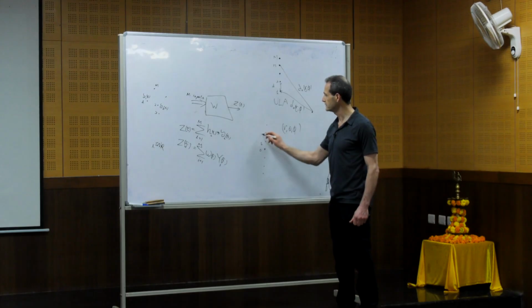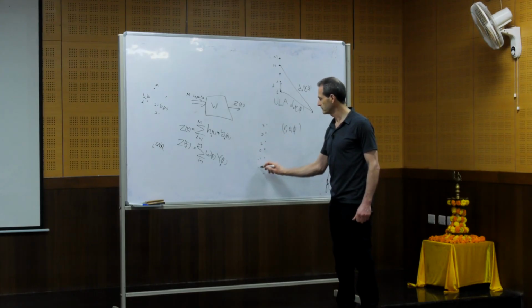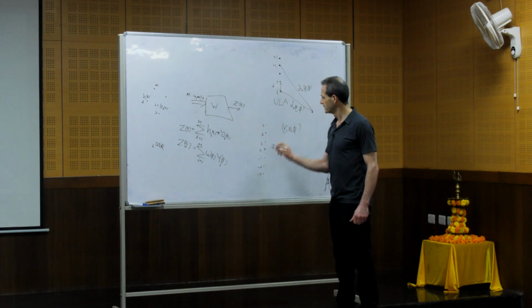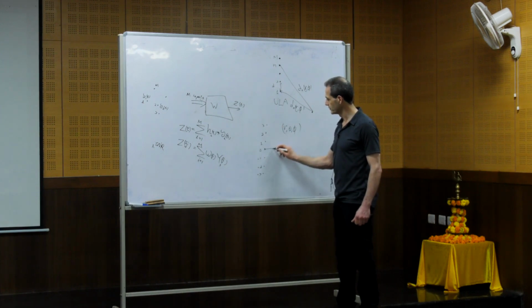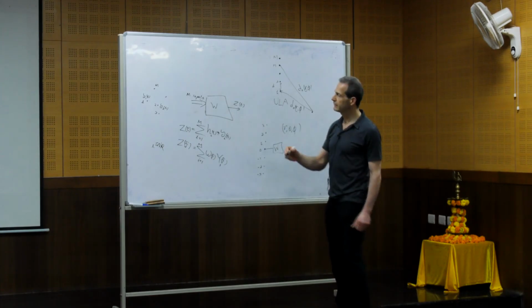Here we have 1, 2, 3, and minus 1, minus 2, minus 3. Each one we multiply with a weight.